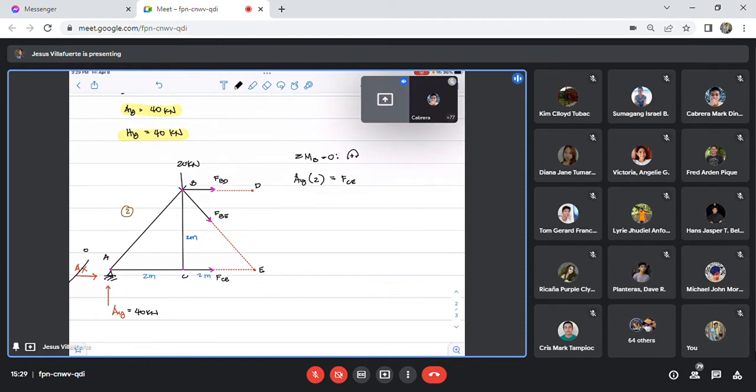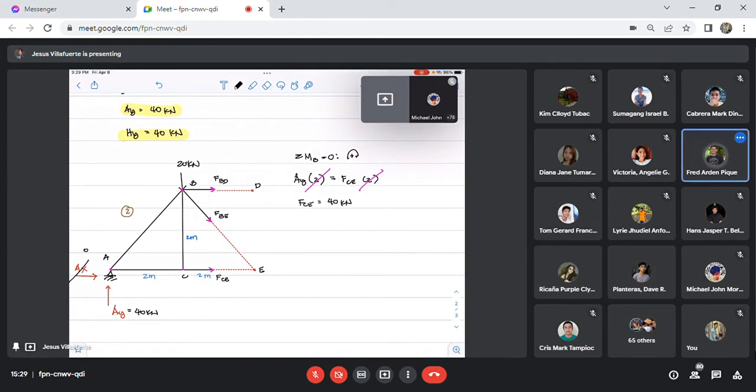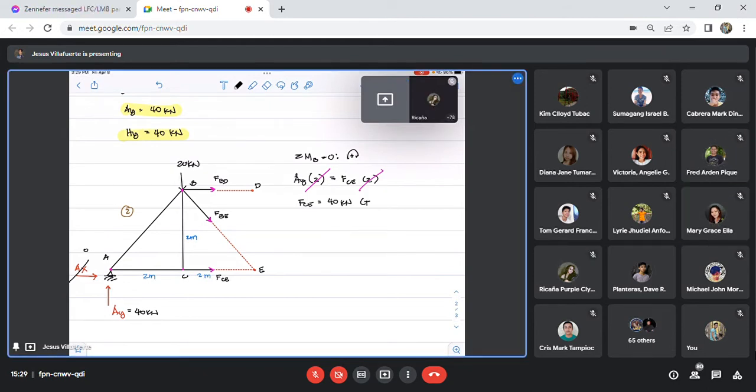What is the moment arm of CE? 2, sir. Also 2. So these two will just cancel. Therefore, FCE is equal to 40 kilonewton. And is CE in tension or in compression? Tension, sir. This is in tension.